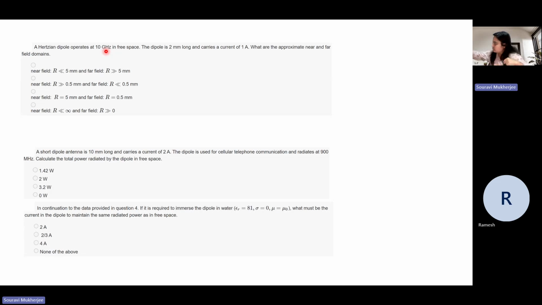I am getting confused. 1 second, let me solve it myself. So 3 into 10 to the power 8 divided by, you have 10 gigahertz, so 10 to the power 10. So you're getting 0.03 meter, right?